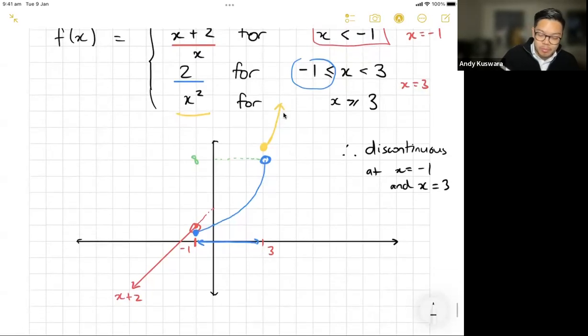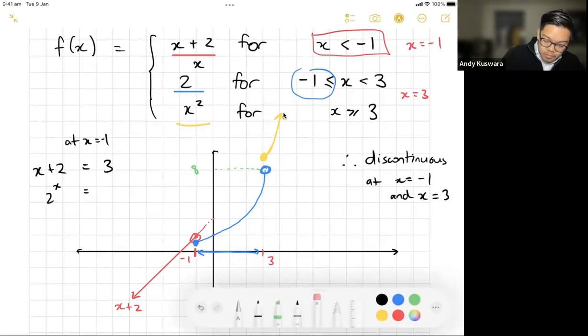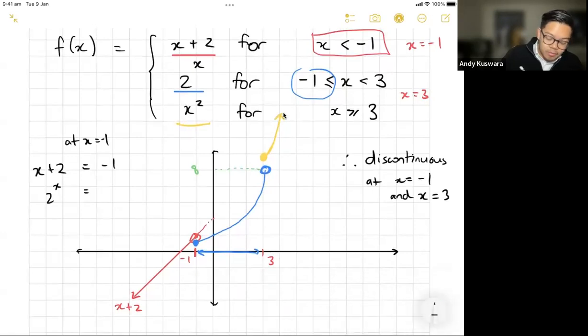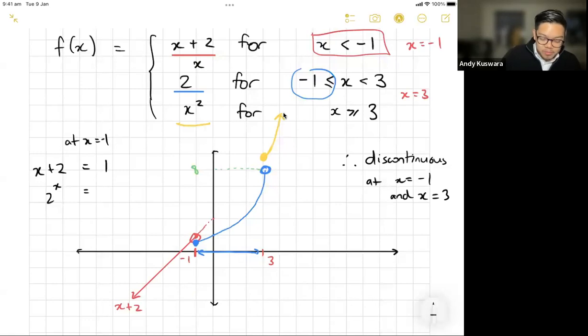The way you would prove it: at x equals -1, x plus 2 would equal -1 plus 2, which is 1. And then 2 to the x would equal a half.